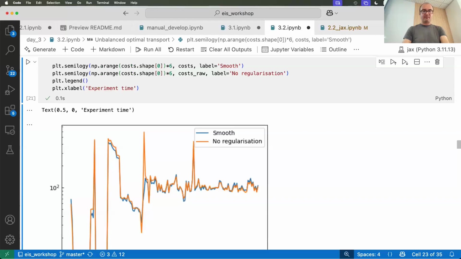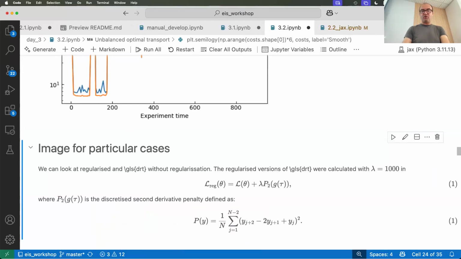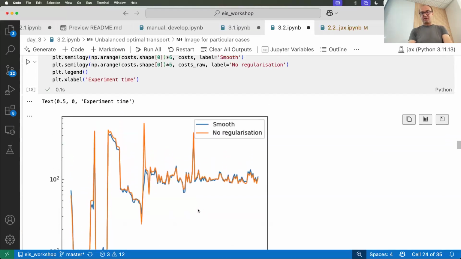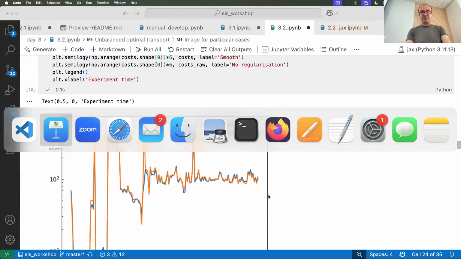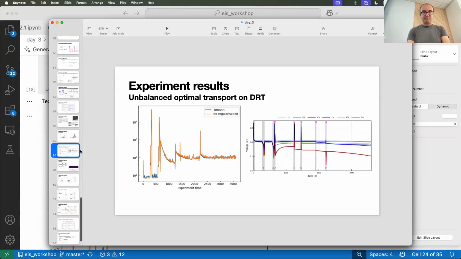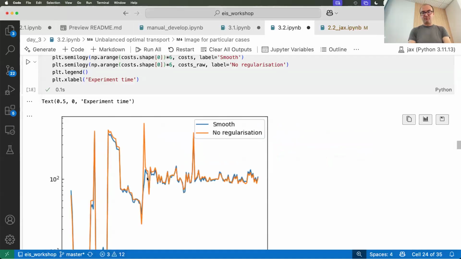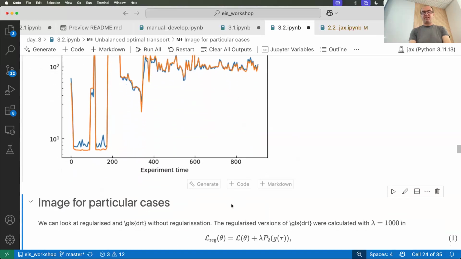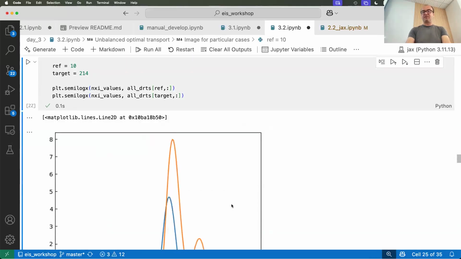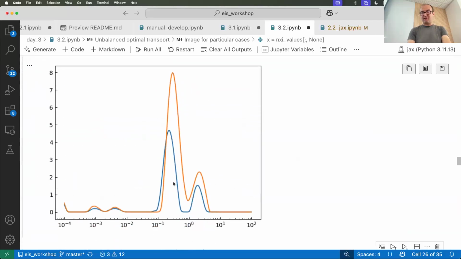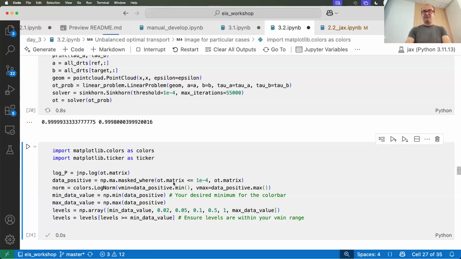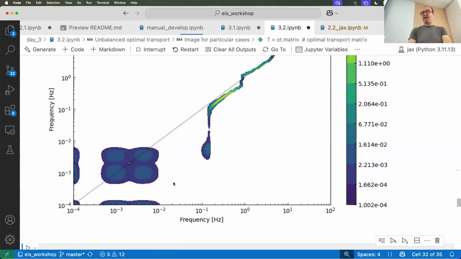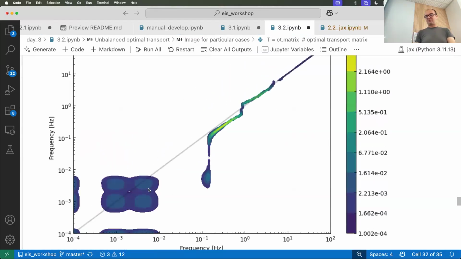Yes, and now I will plot all the results that we had. Now this is zoomed, so it is this figure, just zoomed in on the first 600 or 800 cases, and then we can see each DRT particularly, calculate its distance, and get all the matrices.